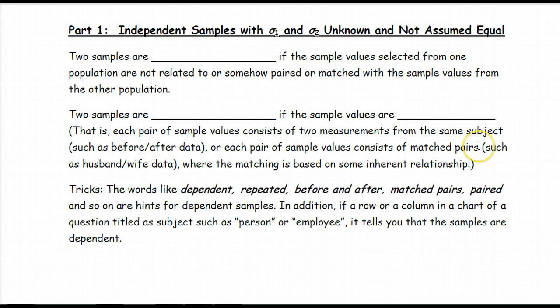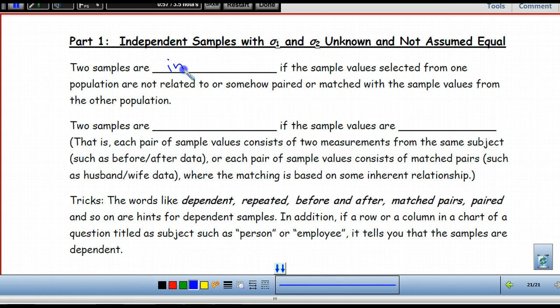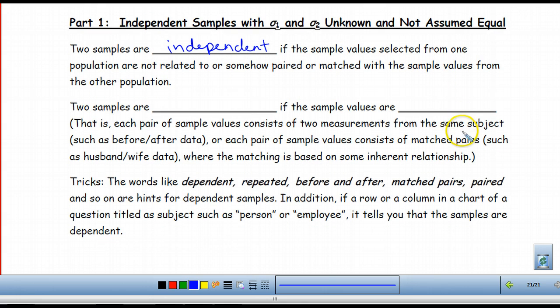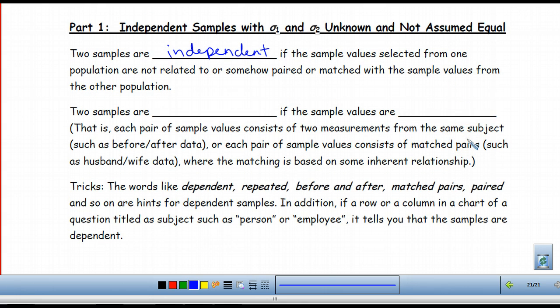So part one, we're going to assume that two samples are independent if the sample values selected from one population are not related to or somehow paired and matched with the sample from the other population. So they're not related or paired. Two samples are dependent if they are paired.